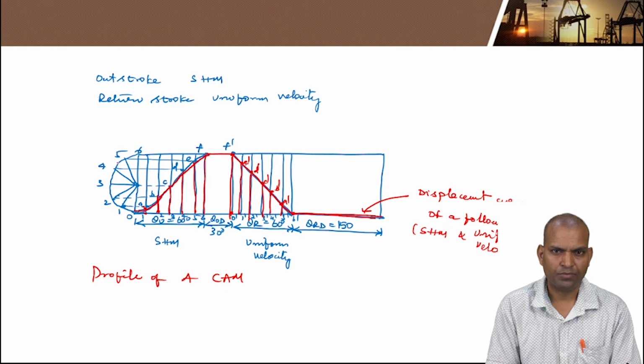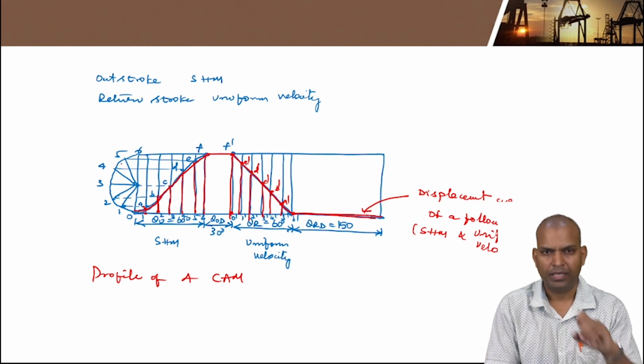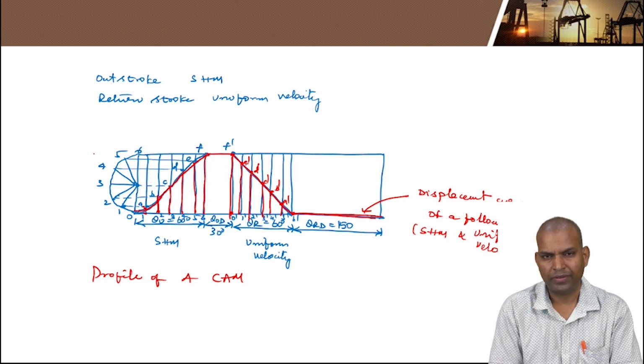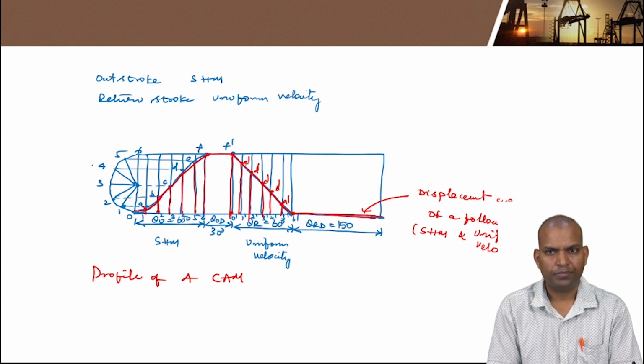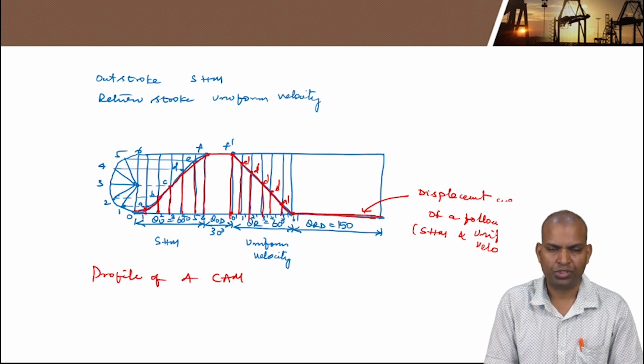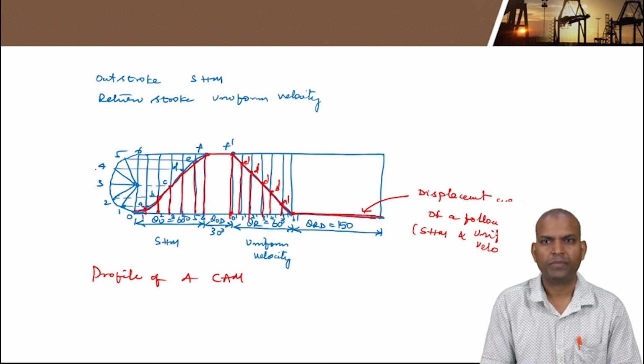Based on the assumption of the size of the flat face, the cam profile depends on the length of the face of the flat face follower. So this is the procedure to draw the displacement diagram when during outstroke the follower motion is simple harmonic, and during return stroke the follower motion is uniform velocity.